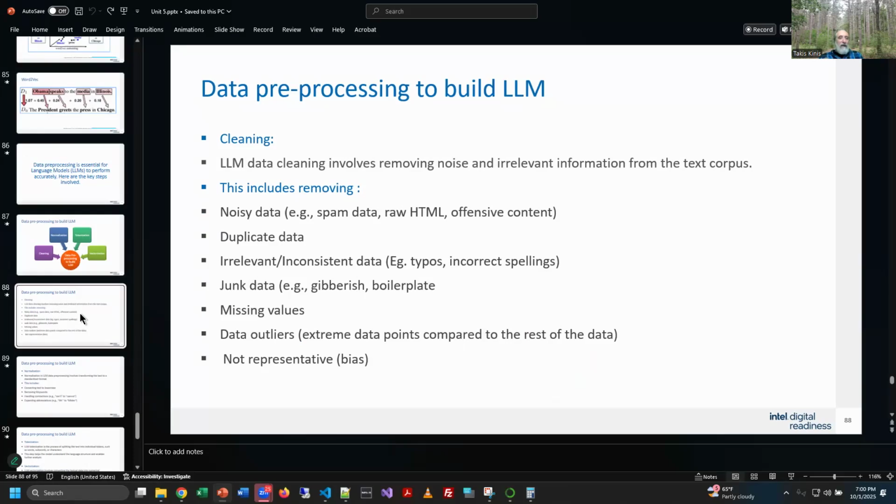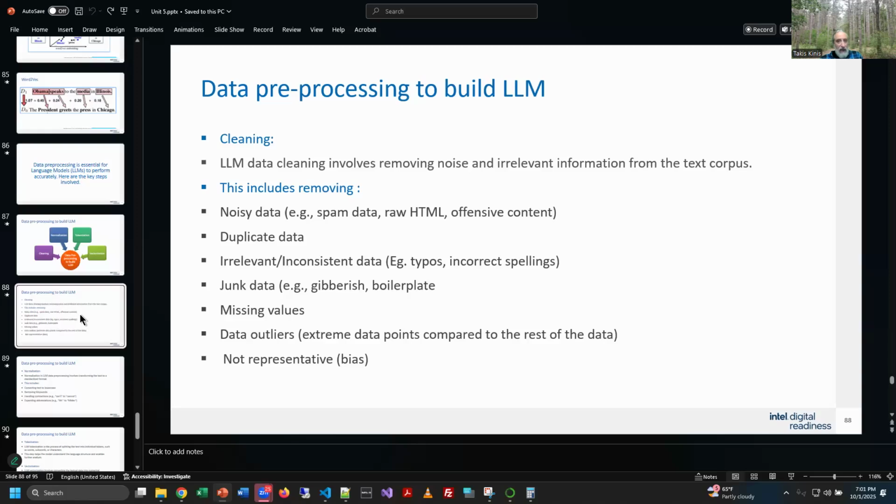All right. Just to reiterate these steps, and I've already been saying it all along, but reinforcement is not a bad thing. Cleaning the data involves removing noise and irrelevant information from the text. Spam data, raw HTML, offensive content, any duplicates of information, irrelevant, inconsistent data.